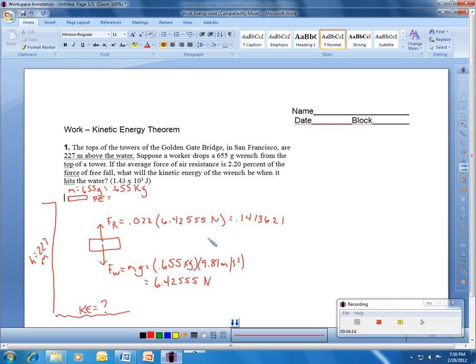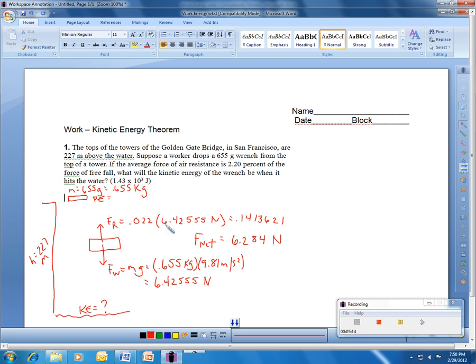Or I could get the net force first, then solve for work. I'm going to get the net force first. So the net force acting on this wrench is the difference between these two, because the weight force is down and the air resistance is up, so the difference between the two will give me the net force, and that difference is 6.284 newtons. And the direction is down for the net force because the weight force is so much greater than that air resistance force.